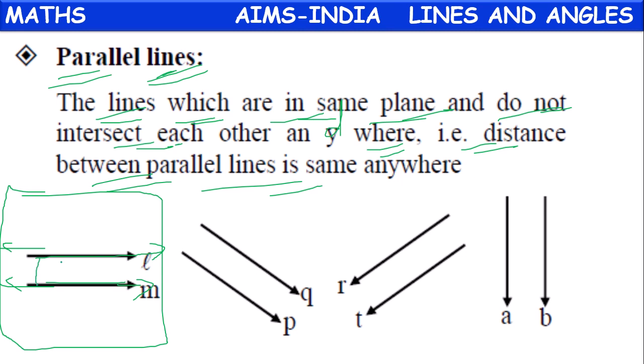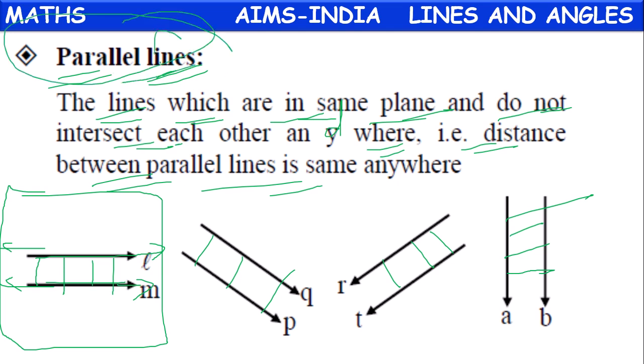The distance between the lines, if you check anywhere, if the distance between the lines is the same everywhere, and if they won't intersect at any place, then they are said to be parallel lines. Means the lines which never intersect are called parallel lines.